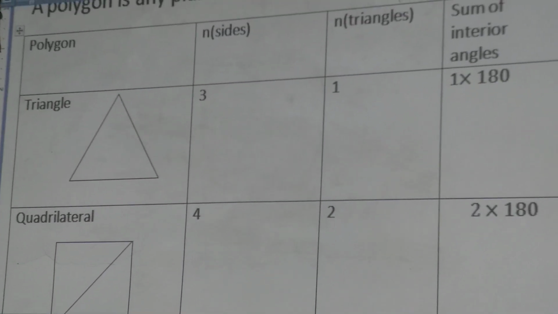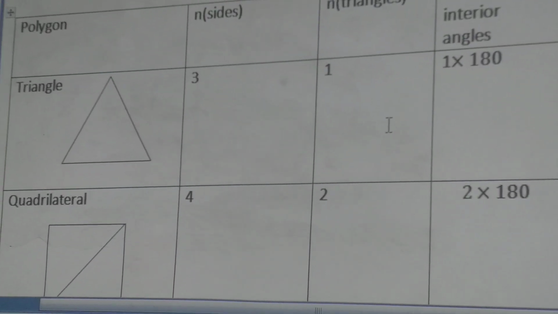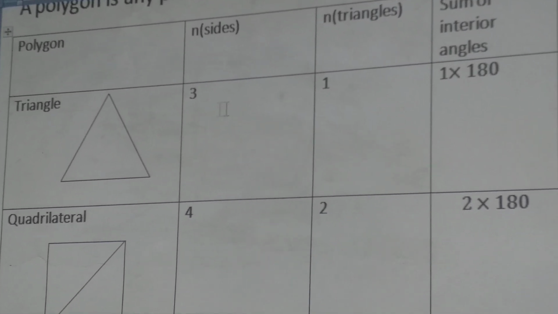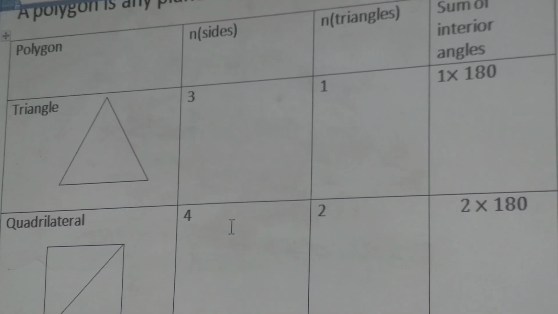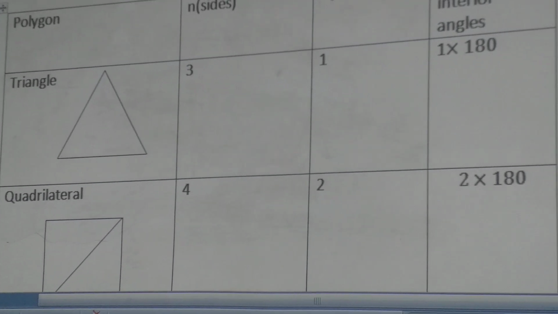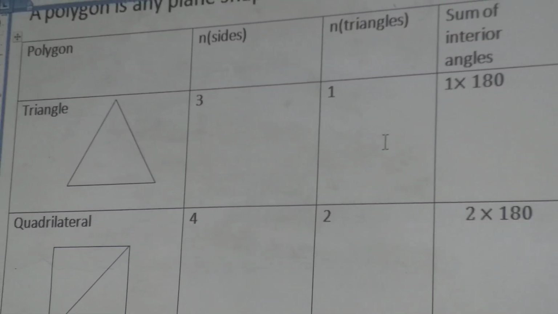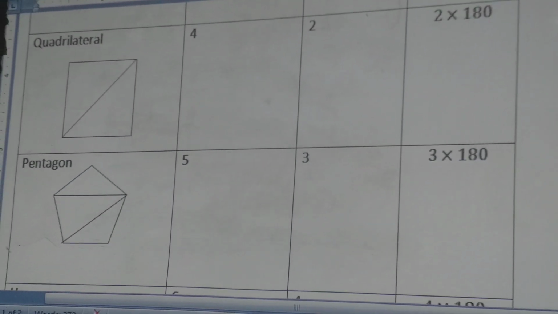It follows that to find the number of triangles in any polygon, we must consider the number of sides, then subtract 2. There is a difference of 2 between the number of sides and the number of triangles in any polygon. So we can say the number of triangles is equal to the number of sides minus 2.